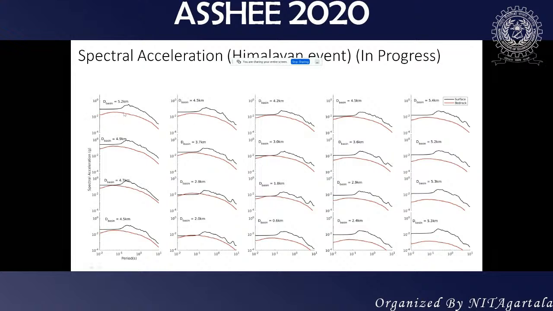The red one is the bedrock station, and the surface is the amplification which we have got by including the one-dimensional amplification and then the basin effects from our model. You can see that when the depth is very high, the amplifications are extremely high. But when the depth comes down, like 0.6 kilometer at some places, the amplifications are very less, and the main amplification is found at the long period part of the spectrum itself.